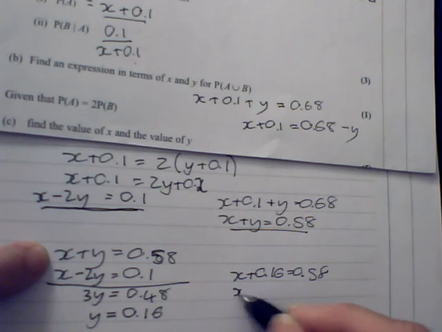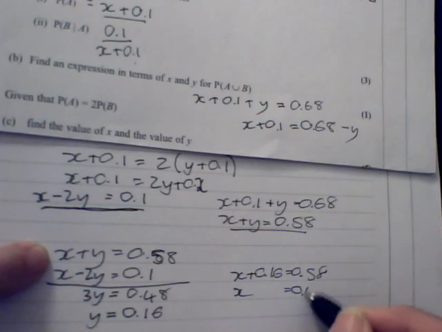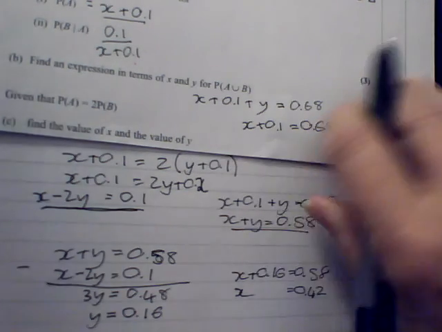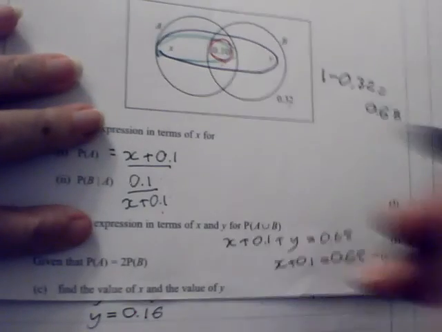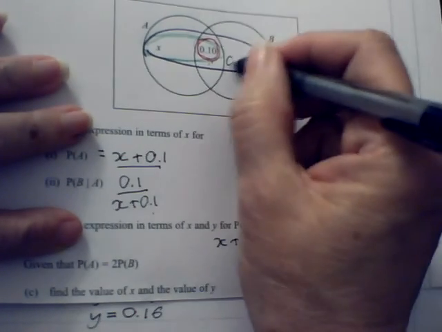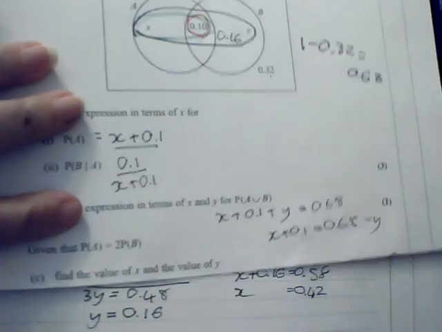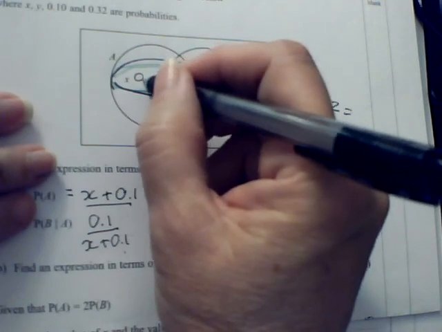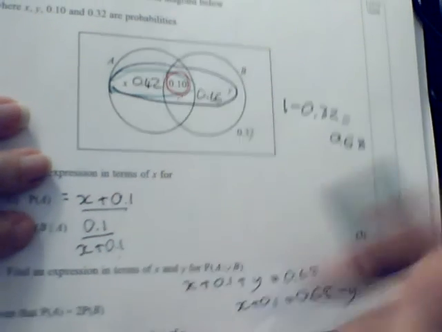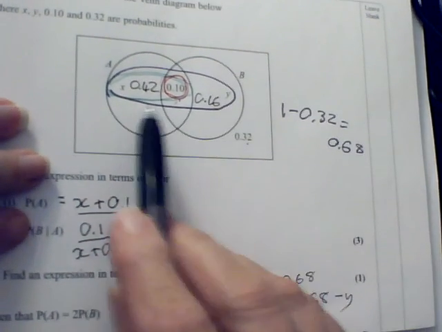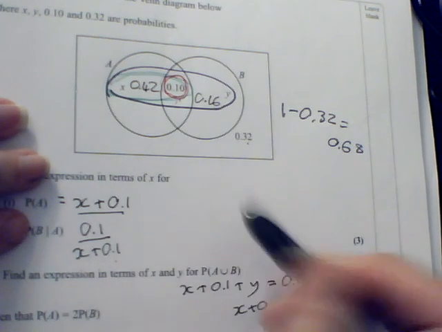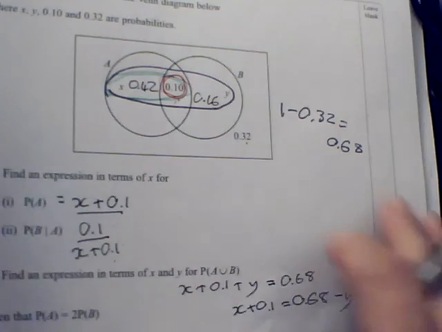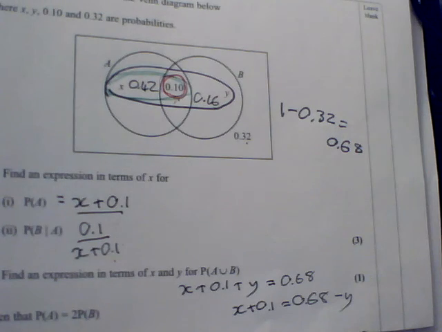Therefore x must equal 0.42. Now if I put those values back in, y equals 0.16, x is 0.42, let's just add everything to make sure it all adds up to 1. Yeah, it all adds up to 1, so we've cracked that question. Nice and easy.